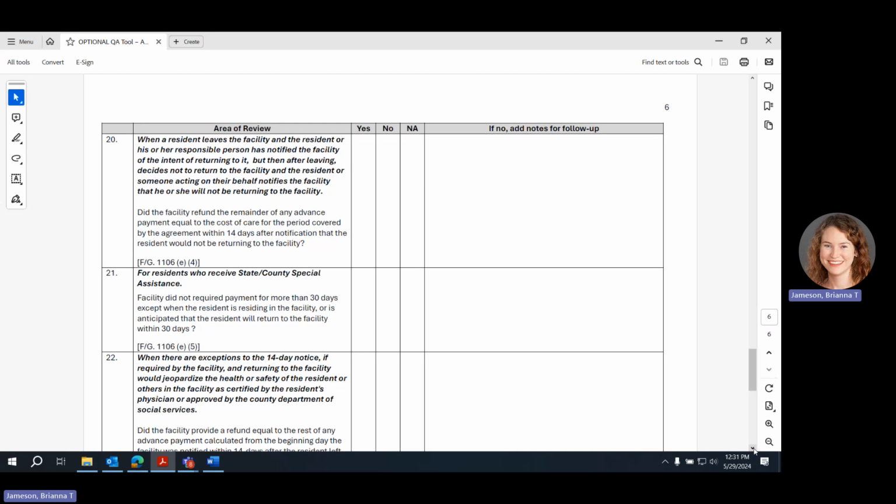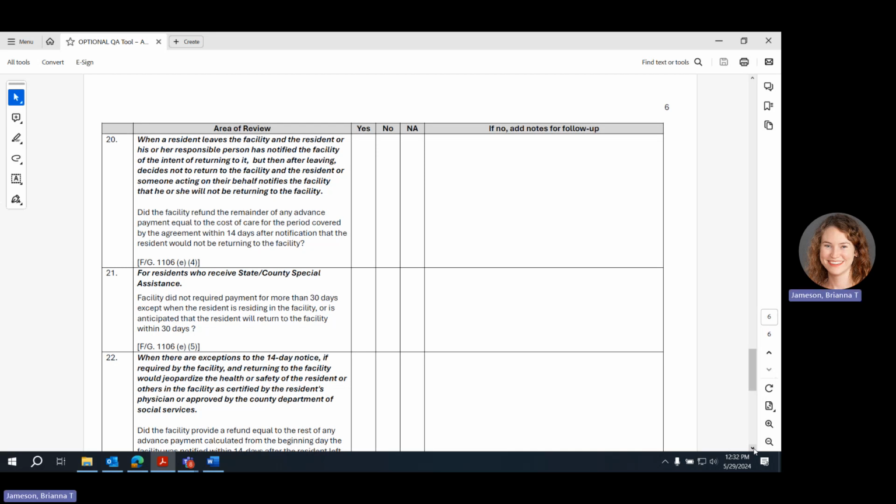The 20th area of review: when a resident leaves the facility and the resident or his or her responsible person has notified the facility of the intent of returning to it, but then after leaving decides not to return to the facility, and the resident or someone acting on their behalf notifies the facility that he or she will not be returning to the facility, did the facility refund the remainder of any advance payment equal to the cost of care for the period covered by the agreement within 14 days after notification that the resident would not be returning to the facility?